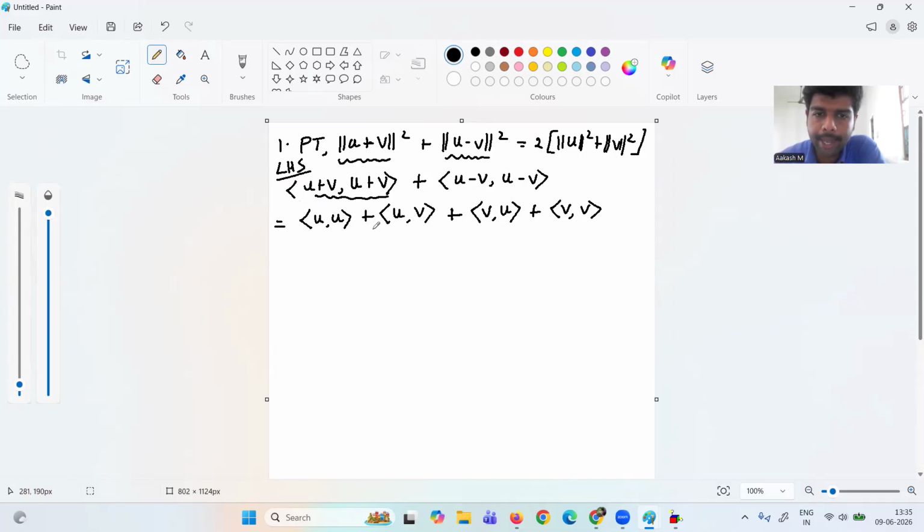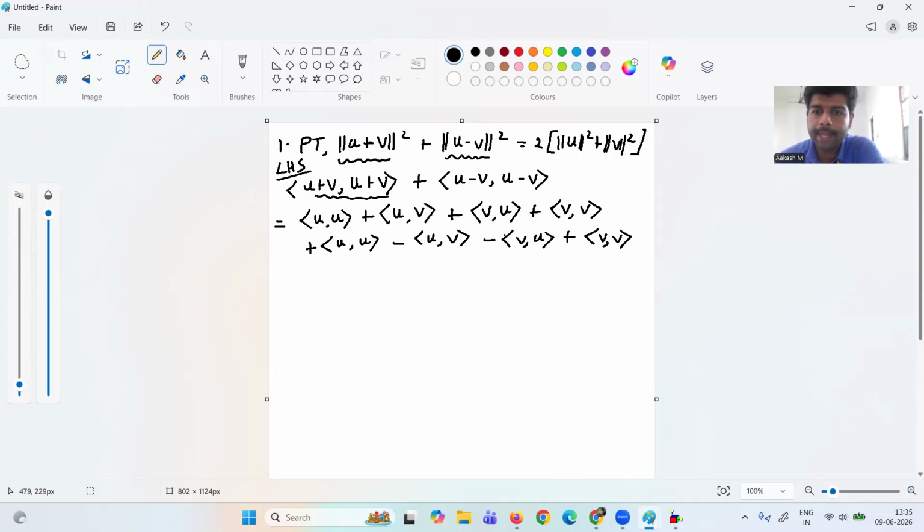Then I am going to simplify the second term. Again, plus inner product of U, comma, U, minus, since you have a negative sign there, minus U, comma, V. Then minus inner product of V, comma, U. Minus into minus is plus. Plus inner product of V, comma, V.